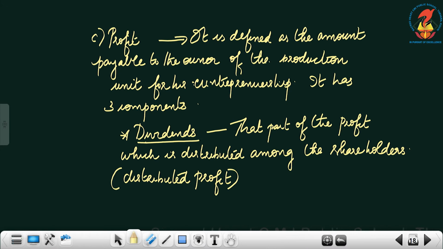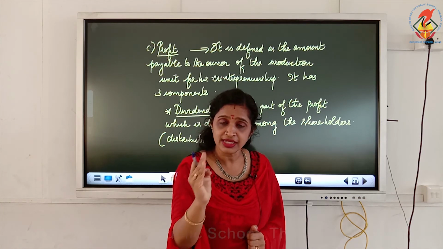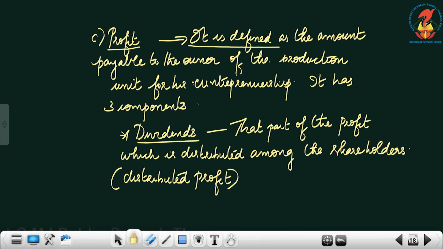Then comes the next one, profit. I told you operating surplus consists of rent and royalty, interest and profit. Profit is defined as the amount payable to the owner of production unit for the entrepreneurship.